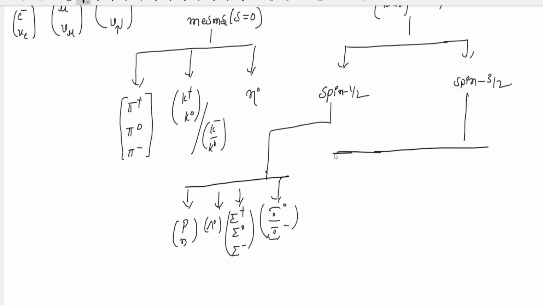This is the final classification. So you want to remember this table each and every time. Then you can get answers easily.